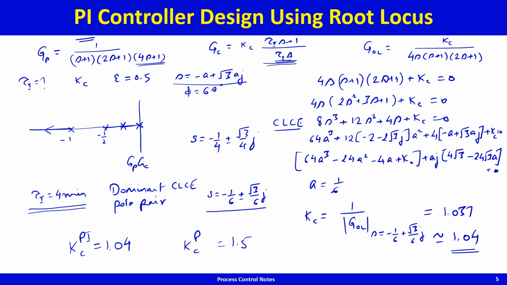There will be a pole at s equal to 0 because you have the integrator in a PI controller, and then there will be a zero depending on what tau I I choose. If that zero is over here, that means tau I is large. As I keep making tau I smaller, this zero keeps moving leftwards.